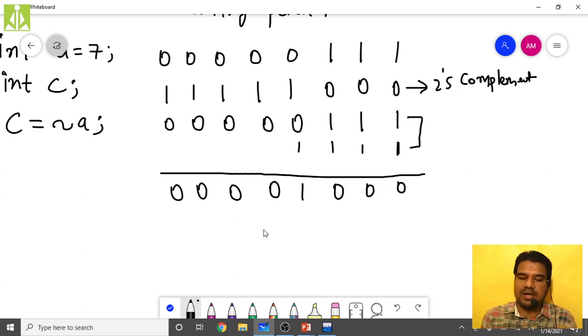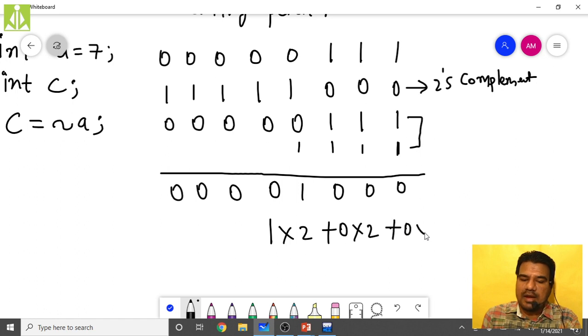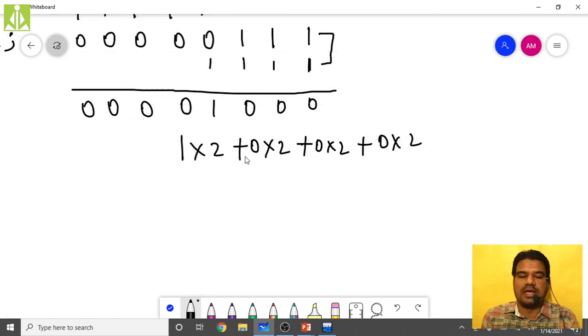Now convert this number into decimal. 1 multiplied with 2 power 3, plus 0 multiplied with 2 power 2, plus 0 multiplied with 2 power 1, plus 0 multiplied with 2 power 0.